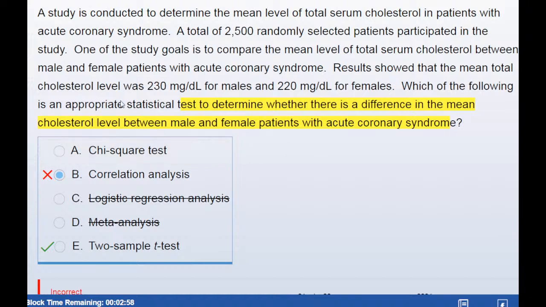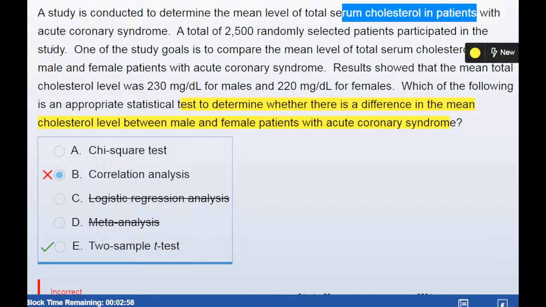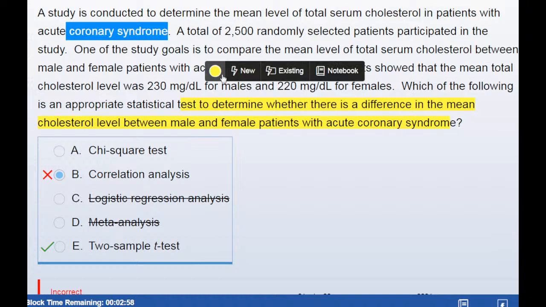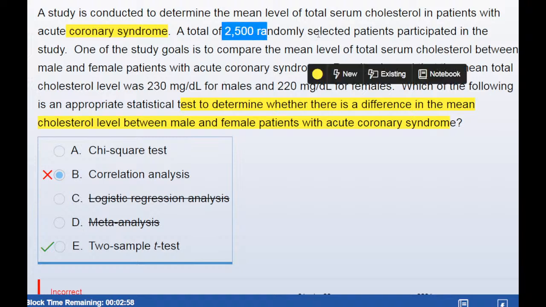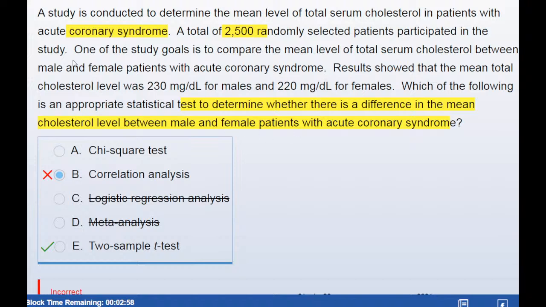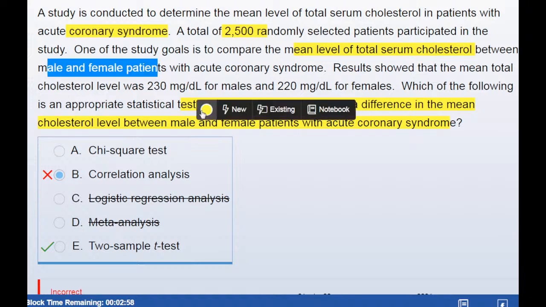So this one is talking about a study conducted to determine the mean level of total serum cholesterol in patients with acute coronary syndrome, on a total of 2,500 randomly selected patients. One of the study goals is to compare the mean levels of total serum cholesterol between male and female patients with acute coronary syndrome.